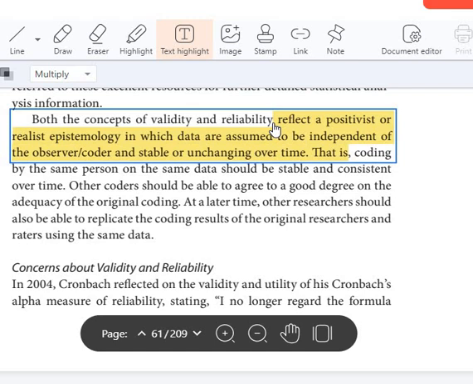Data here do not change over time. Coding by the same person on the same data should be stable and consistent over time. It doesn't change. Other coders should be able to agree to a good degree on the adequacy of the original coding. Okay, concerns about validity and reliability.